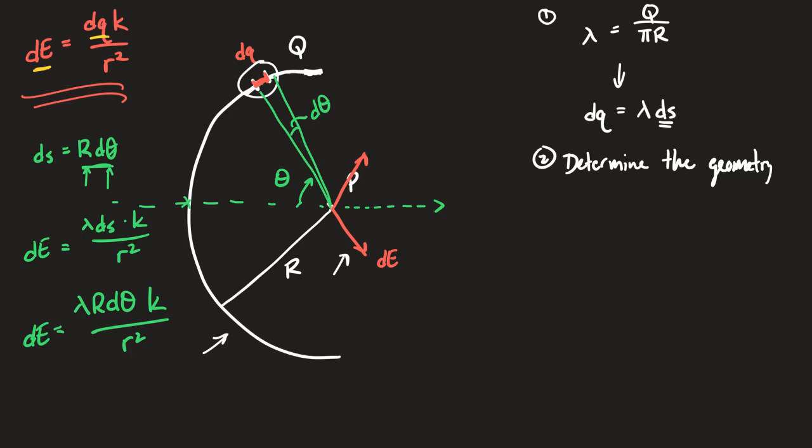Now I'm going to see if there's any relationship between where I am on the arc and how far away that is from P. But would you all agree that no matter where I am on the arc, I'm always the same distance away from P? So this geometry is pretty easy because R doesn't ever change. So I could rewrite this as dE equals lambda r d theta times k all over capital R squared.